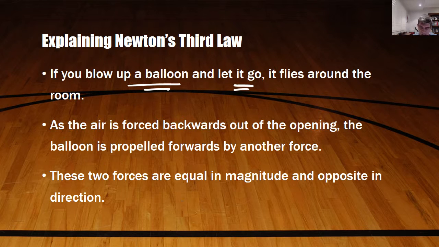But why does it fly around the room? Because the balloon is open, air is forced backwards. Air goes out of the balloon, and the balloon is propelled forwards by another force. Air is going out the back, and the balloon itself is moving forward.